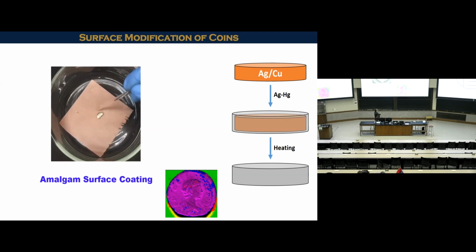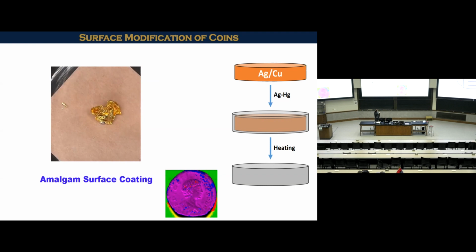The idea is that most likely they created this copper silver blank coin, and then they used silver amalgam paste. They applied it to the surface of the coin, it was easy to apply, and then they heated it up, and you can imagine that mercury goes away. It's a low melting point material and evaporates at lower temperatures.